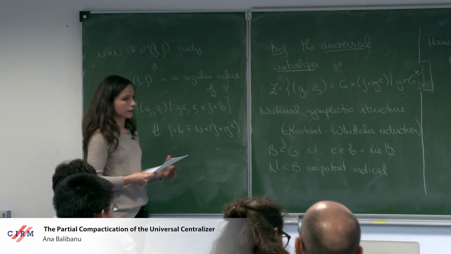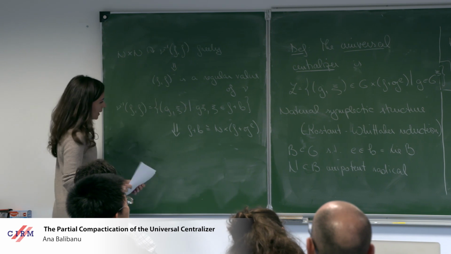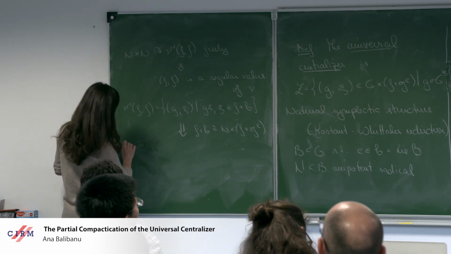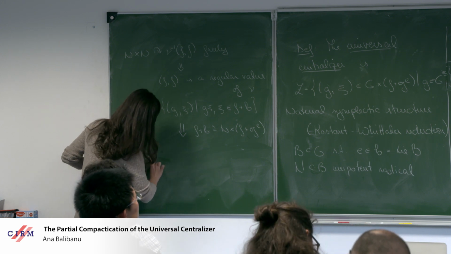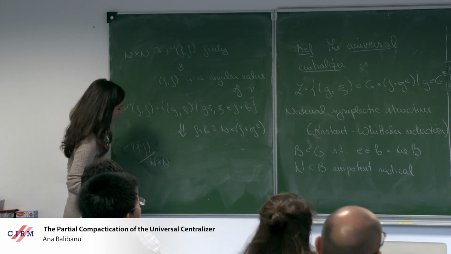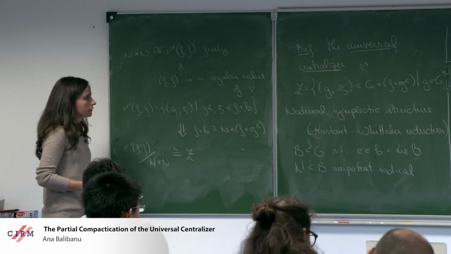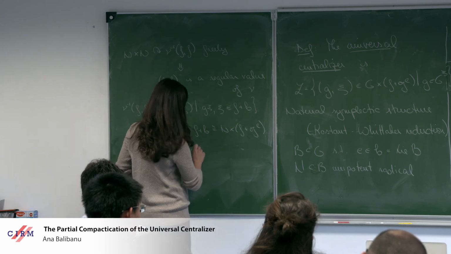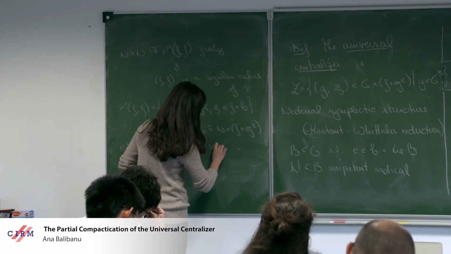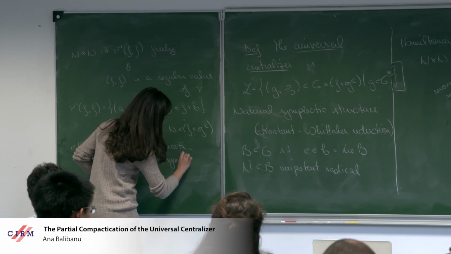So this is an isomorphism given by the action map. So this means that when I quotient this fiber by the action of n cross n, I get exactly the universal centralizer. So this makes Z into a smooth, symplectic affine variety.